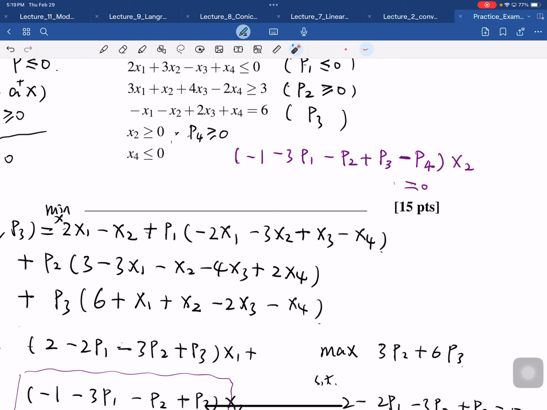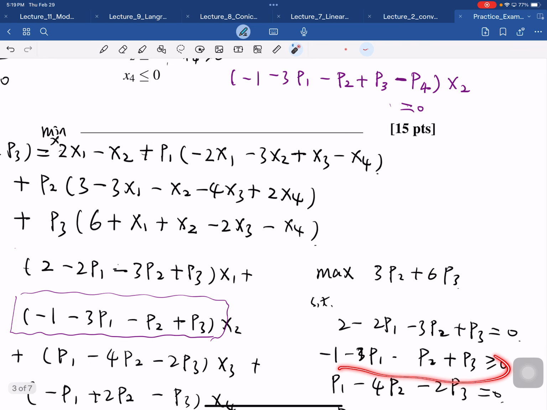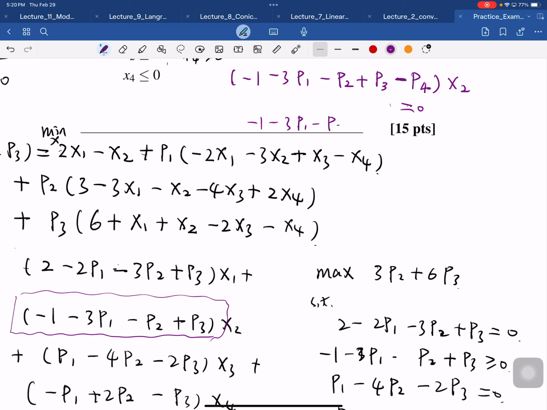Okay. Then what is this constraint? This constraint is equivalent to what you derived here, right? Why is that? Because P4 is a dual variable greater than or equal to 0. This coefficient equal to 0 is equivalent to -1 minus 3P1 minus P2 plus P3 equals P4.